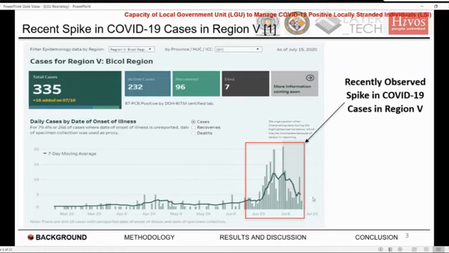Due to this spike, we would like to investigate why it happened despite our good performance from March until the first week of June.